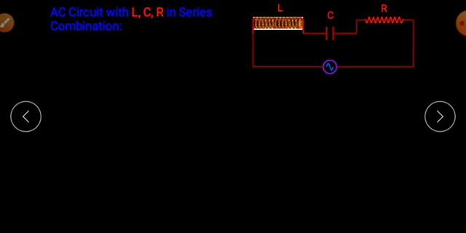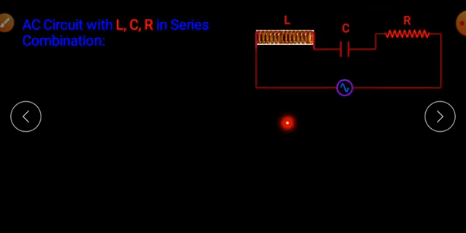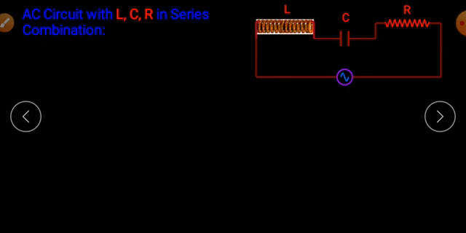Now, talk about the AC circuit with LCR in series combination. Let a pure resistance R, a pure inductance L, and an ideal capacitor of capacitance C be connected in series to a source of alternating EMF as shown in this figure.